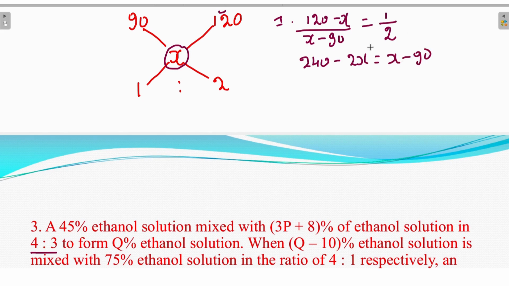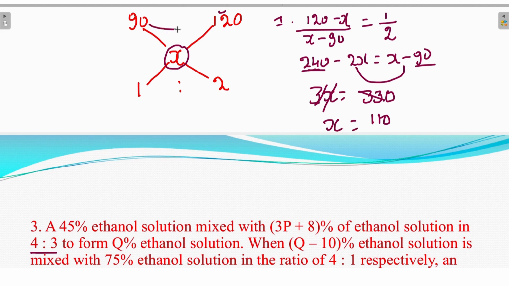If I shift 90 to this side, 240 and 90, and if I shift 2X, I get 3X. Then 3X is equal to 240 plus 90, which is 330. Then X is equal to 110. This is one way.